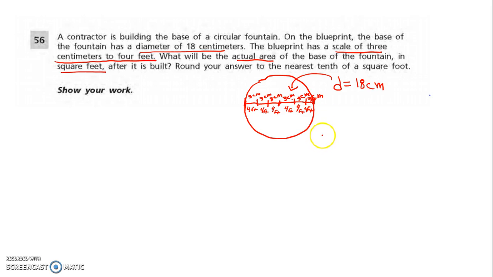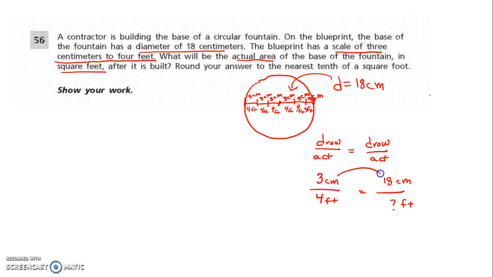And what we could always do is set drawing over actual equals drawing over actual, and I use my scale, 3 centimeters to 4 feet. The drawing is 3 centimeters. The actual is 4 feet. On this side, in my drawing, I have 18 centimeters, and the question would be, how many feet is that? 3 times 6 is 18, 4 times 6 is 24 feet.